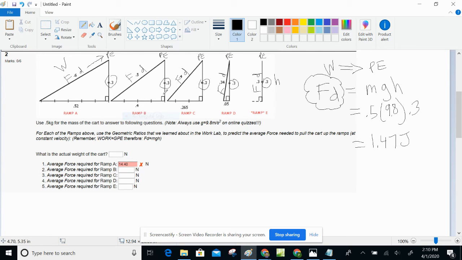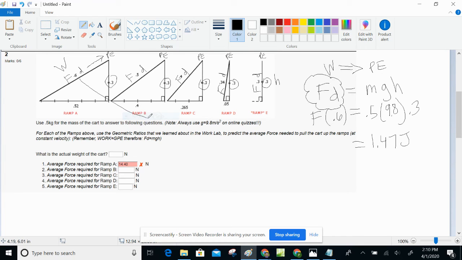Now the distance is getting, let's see, ramp A, B, C, D, E. The distance is getting shorter and shorter and shorter. So as the distance gets shorter and shorter and shorter, the force should get greater and greater and greater. So for instance, this first one is going to be unknown average force times 0.6.